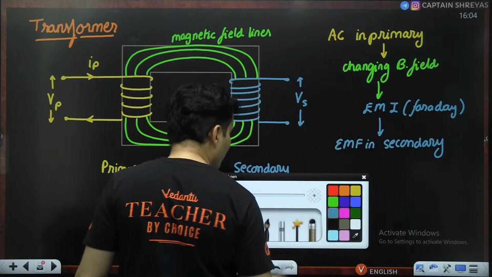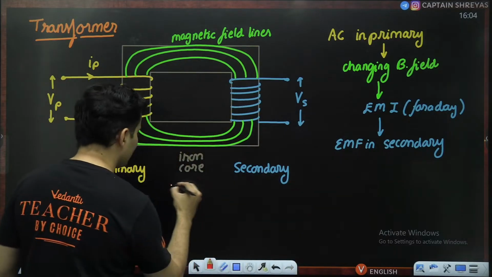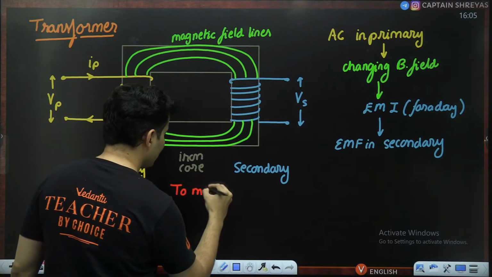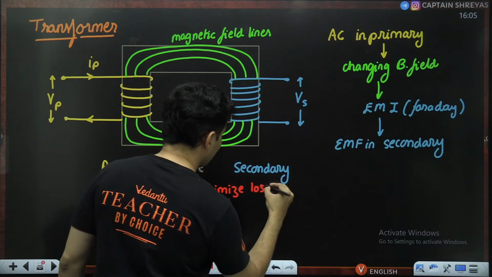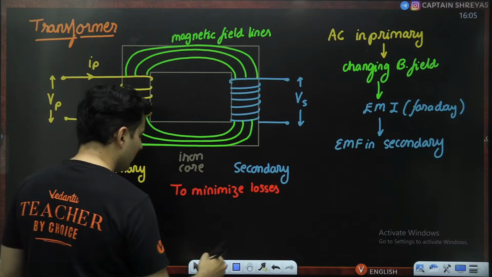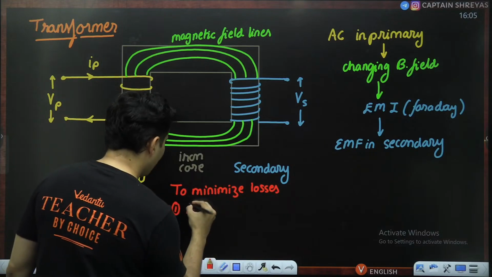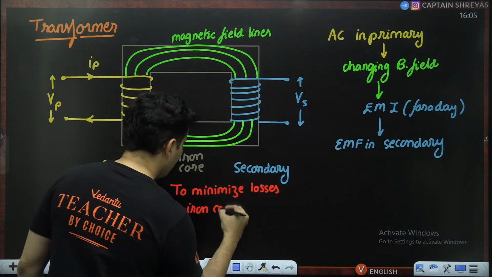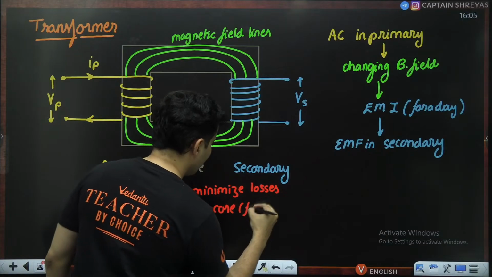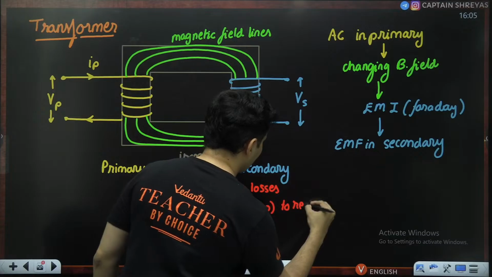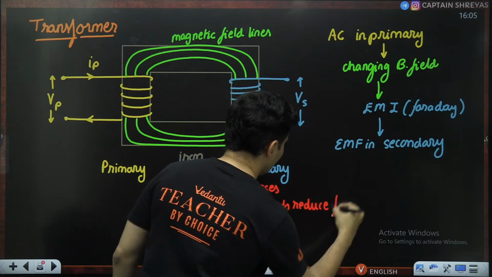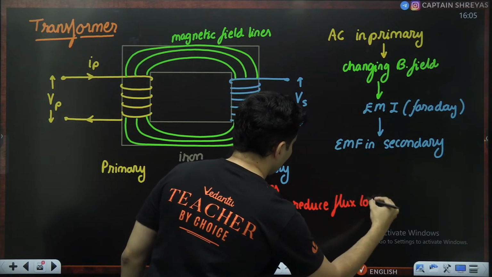So that's why, to minimize the losses, number one, they use an iron core which is basically ferromagnetic in nature to reduce the flux loss.